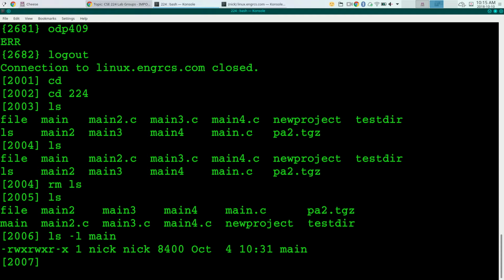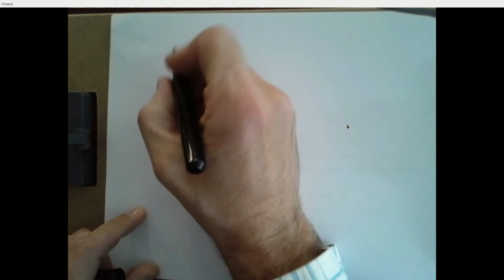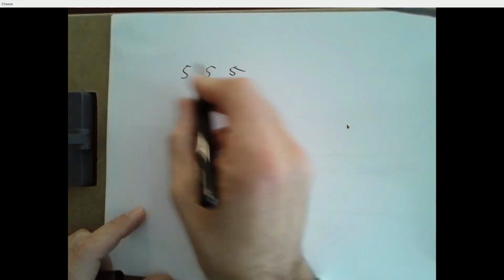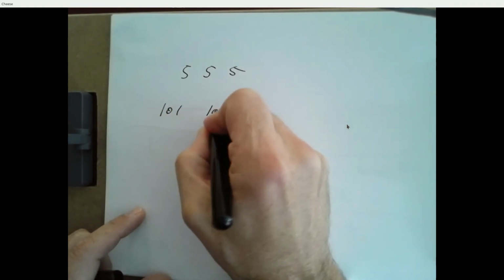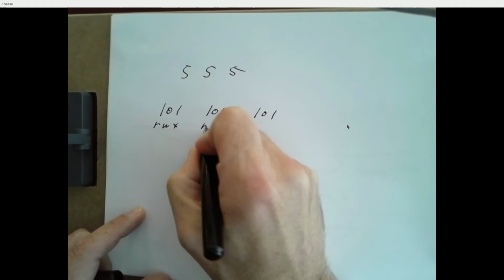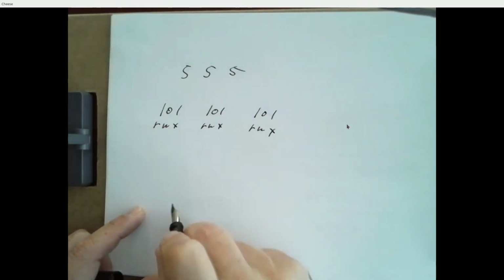Okay. So if I say change mode 555 main, and I do an ls -l, so remember how this octal code works? So if you want to know what 555 is, you write each of these digits in binary, and this corresponds to read, write, execute, read, write, execute, read, write, execute: owner, group, world.